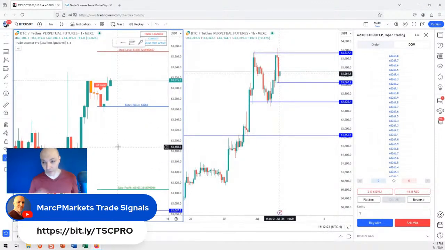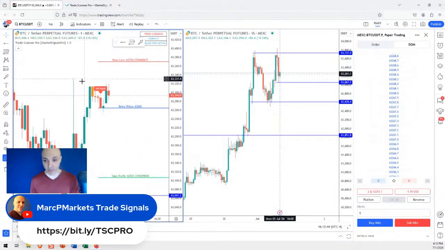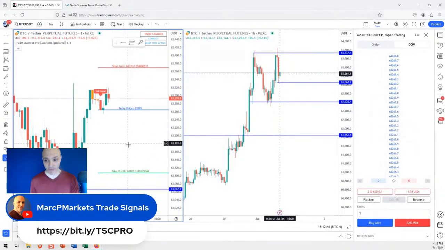But you know what? If you get good, and it's not hard. The things that you have to learn to make TradeScanner Pro work for you, it's not hard. You just have to learn context, trend, and levels. Those are really the only things. If you're going to learn anything, that's all you have to learn. The TradeScanner takes everything else off your hands. You don't have to worry about confirmation. That's what's going on over here. This thing confirmed momentum turning, and now we'll see if it works.